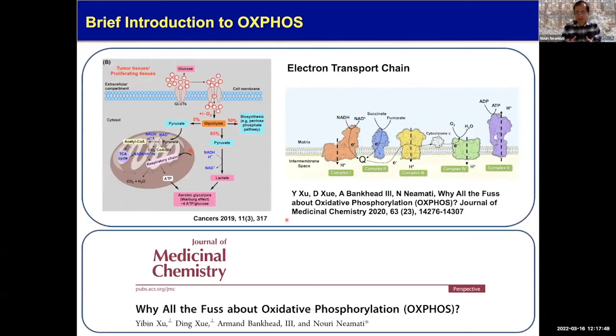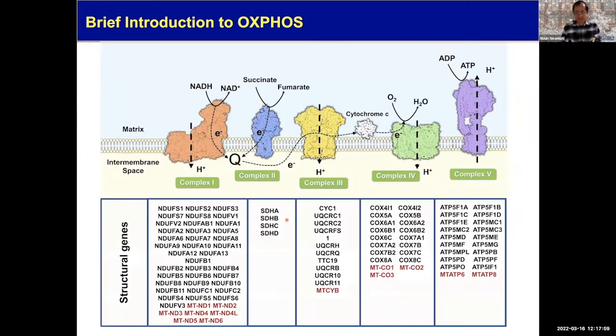The OXPHOS machinery is just a beautiful machinery, which is made of several different complexes. This is a very well-established process composed of 5 complexes, complex 1 to 5.